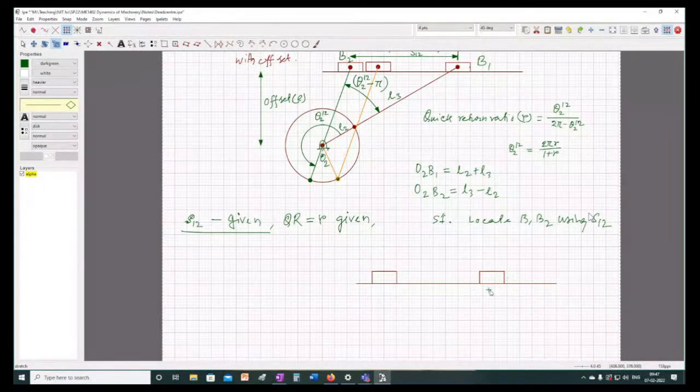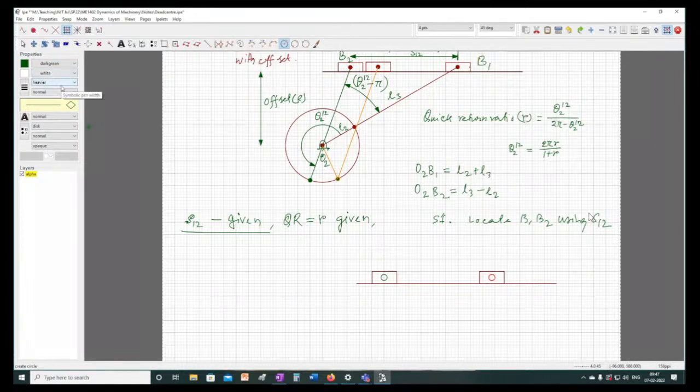Now let's define this as one of the hinge points, and the similar hinge point is here.